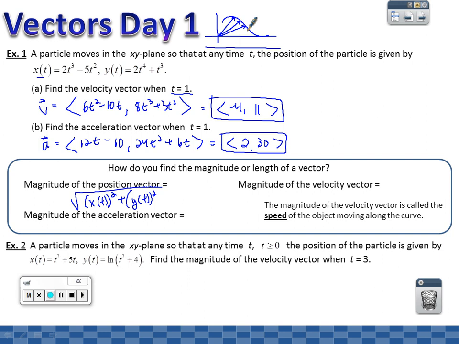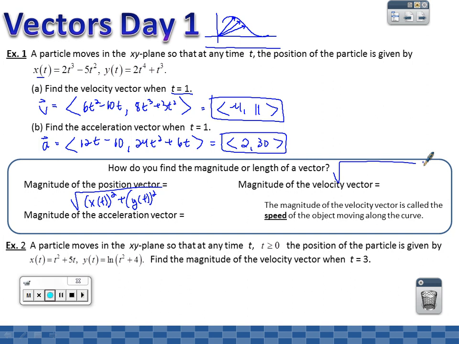Some students were a little confused earlier: it doesn't give me the arc length of my graph. It just gives me the length of one of the position vectors.